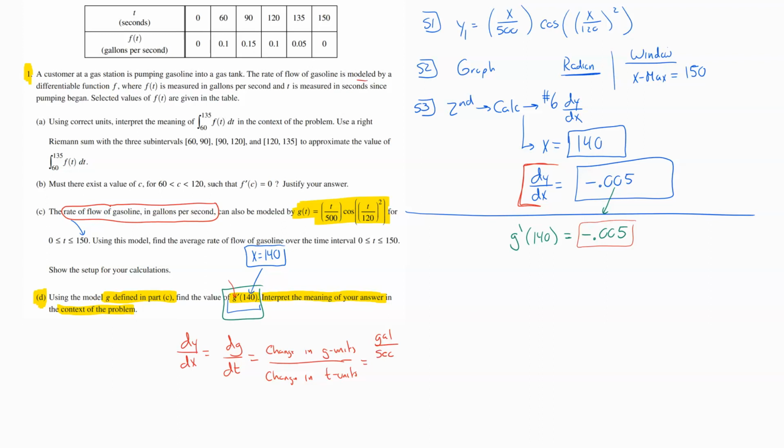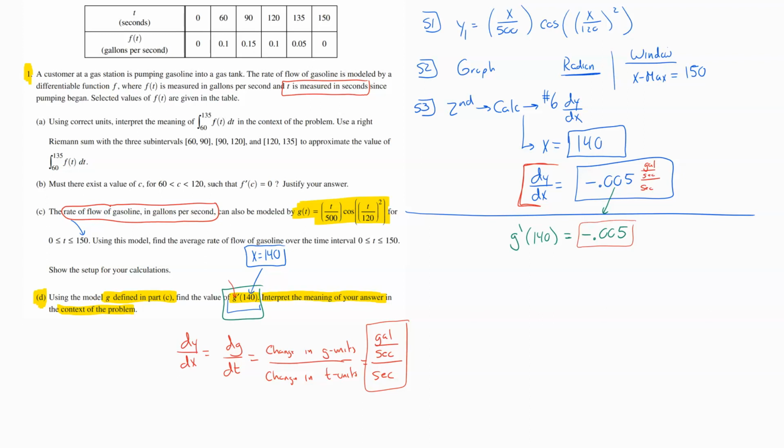And the t units were given back in the language of the problem, that's just seconds. Having this setup for putting together your units is super helpful, because sometimes the units don't make the most sense, but that is what we're talking about. So this is gallons per second per second. That's what these units are here.